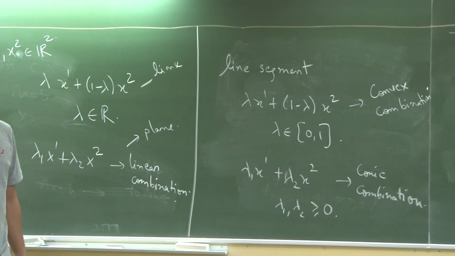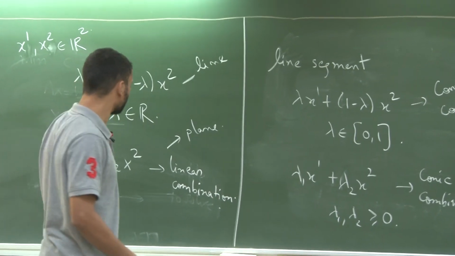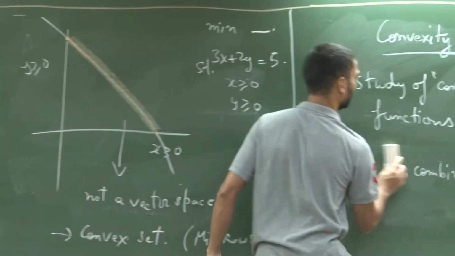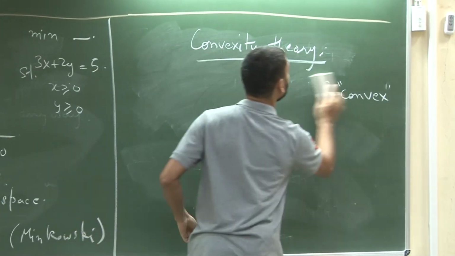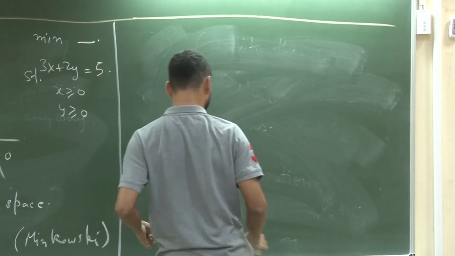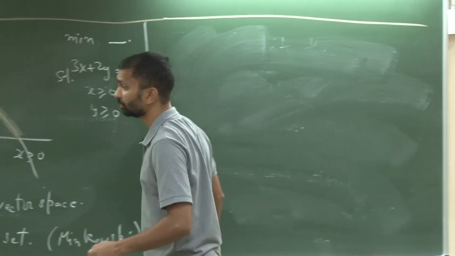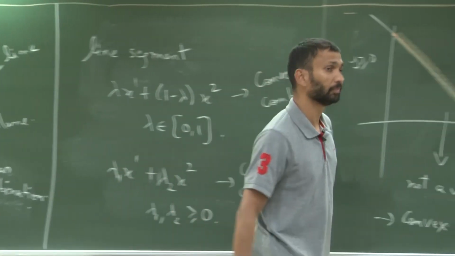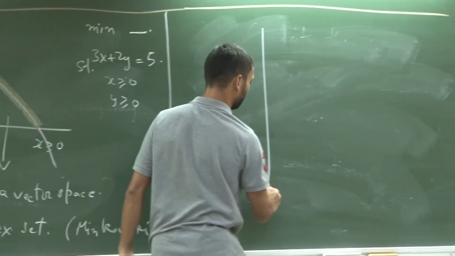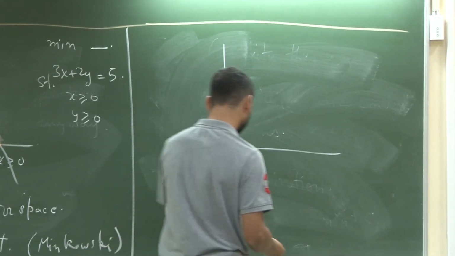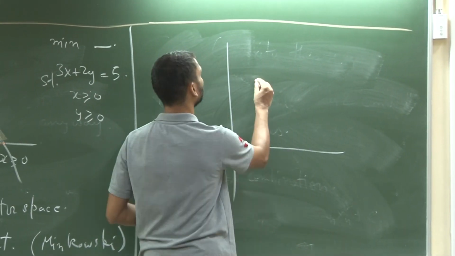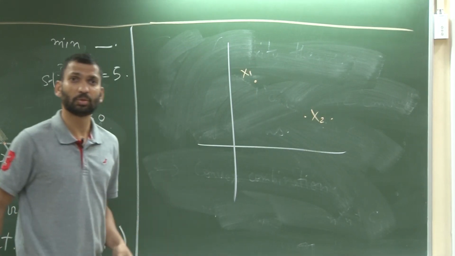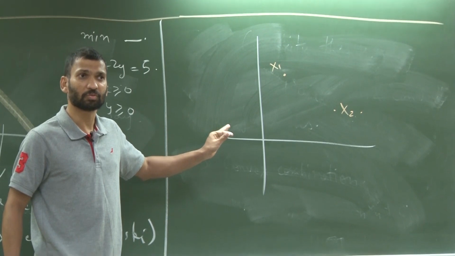Okay? And how will the conic combination look? Suppose this is a point x1, this is a point x2. The conic combination, what will be that set?